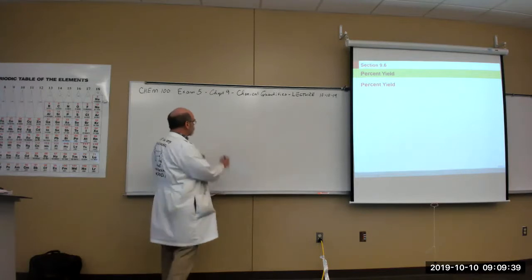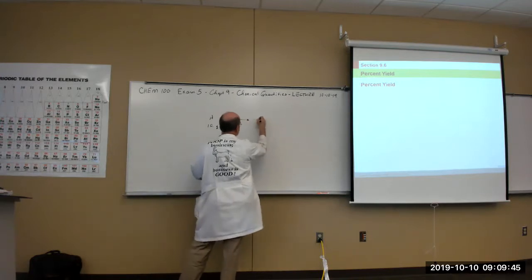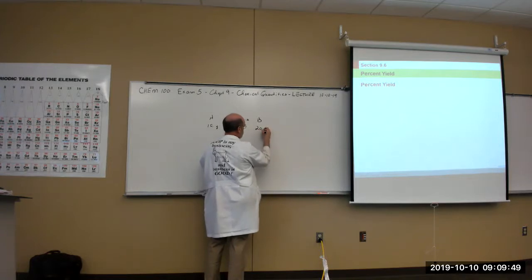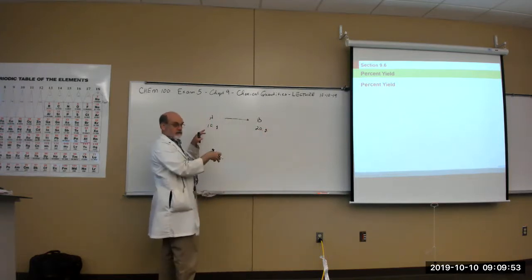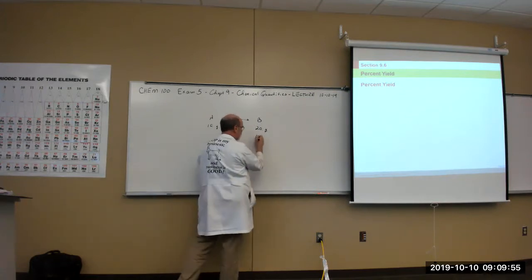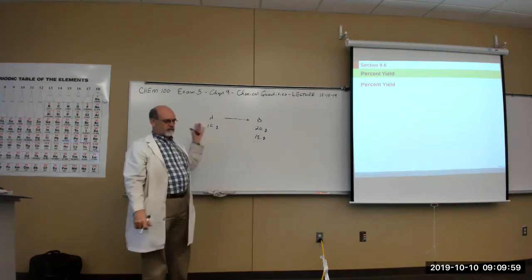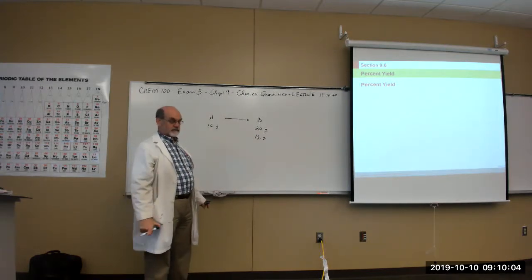Right. So if you start off with 10 grams of A, and you expect it to produce 20 grams of B by your stoichiometry, but you actually only get 18 grams, you lost something in the process. It can happen in a number of different ways.